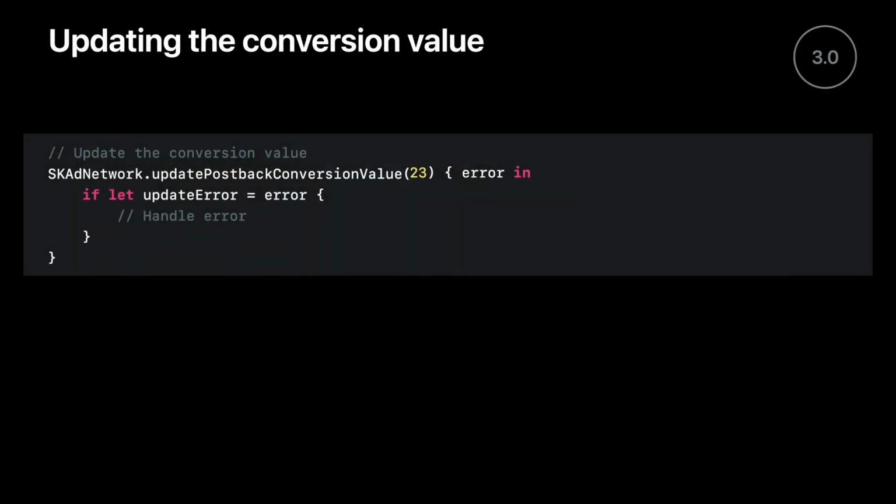For advertised apps, you will call the new update postback conversion value method, which has been changed to now take a coarse-grained conversion value in addition to the fine-grained conversion value, as shown here. We recommend that you use the completion handler to do any follow-up tasks after updating your postback's conversion values.